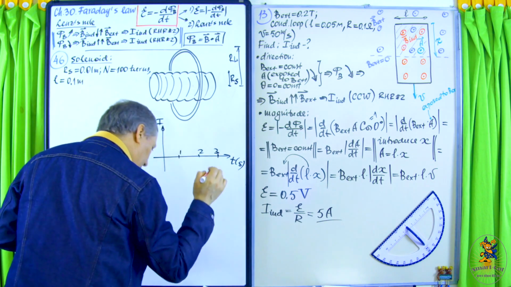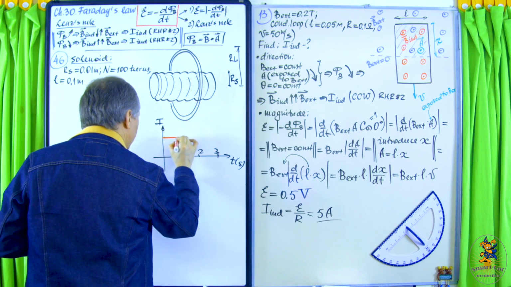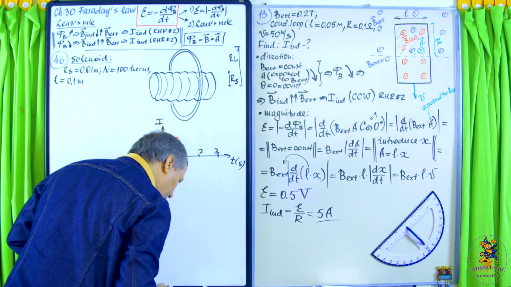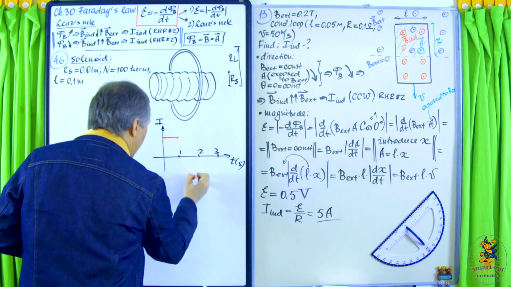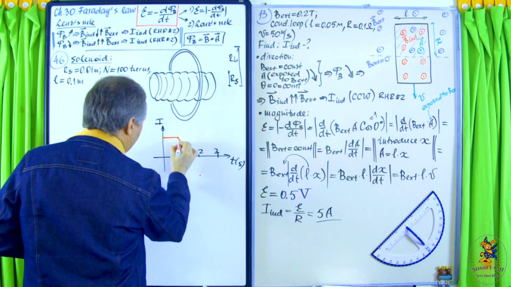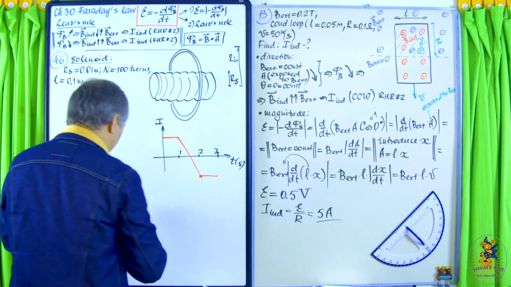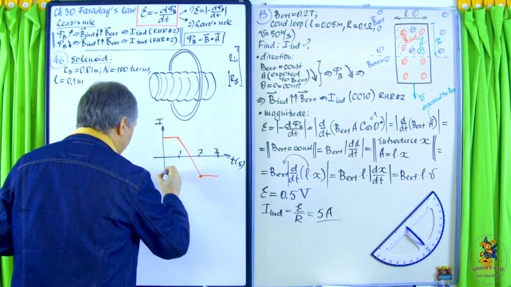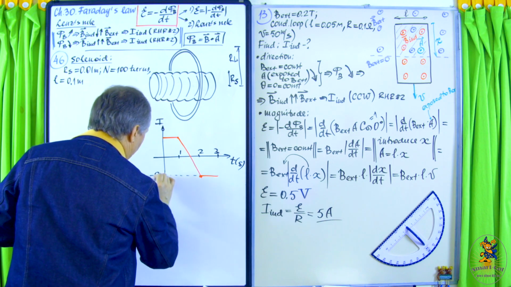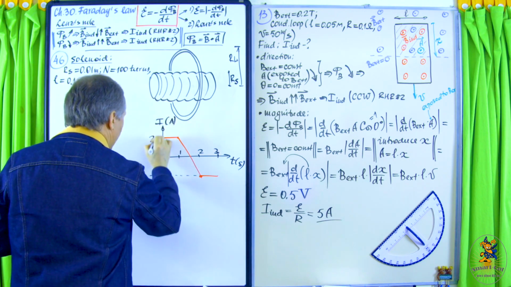First it stays constant up to 1 second. Then it goes down to 2 seconds to the negative value. And then again it stays constant. This is minus 20 amps, units of amps. This is 20 amps.